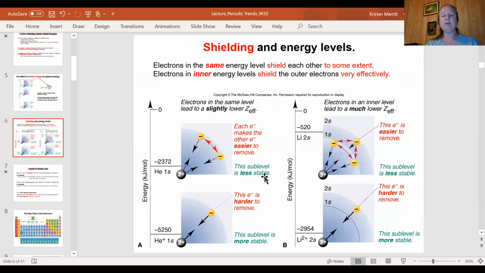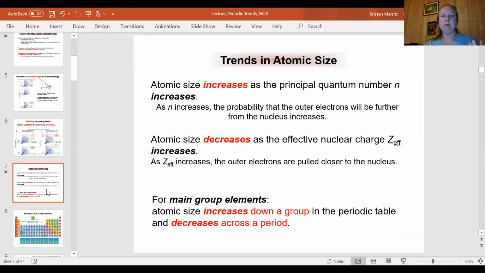But the greater effect is the shielding from the core electrons, all of your subshell electrons. So it's kind of common sense. So because of this Zeff, the effective nuclear charge, how strongly the electron in question feels the pull from the center contributes to the atomic size.